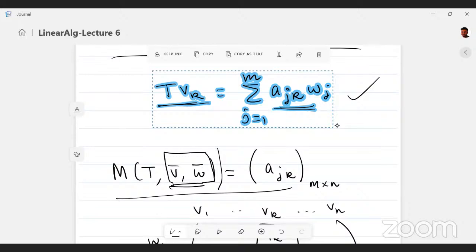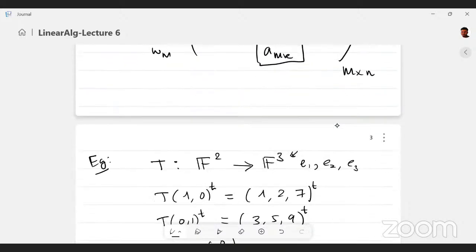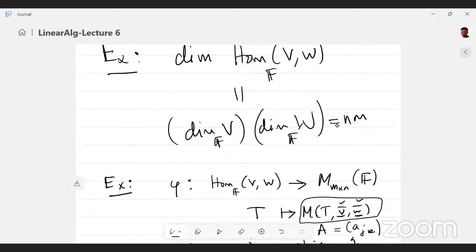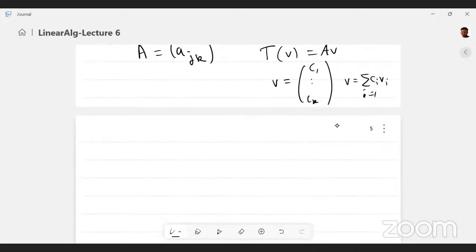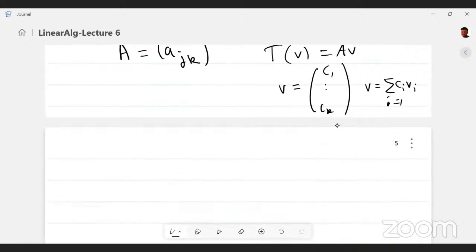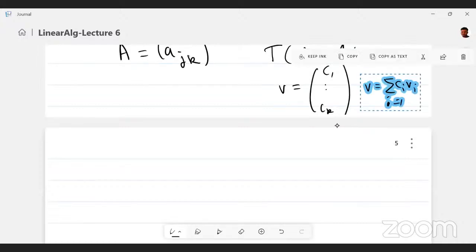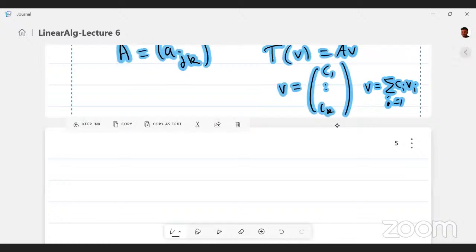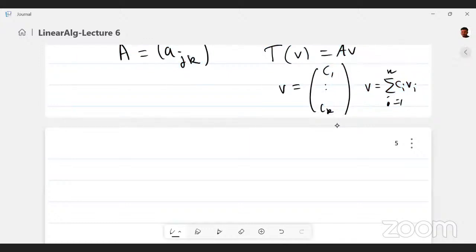So what you said is also correct, but you need to use this coordinate system. You can write it as C1, etc., Ck, but you should write it like this, where V is equal to the summation with i ranging from 1 to n. Then A will be an m by n matrix, and this will be an n by 1 matrix.